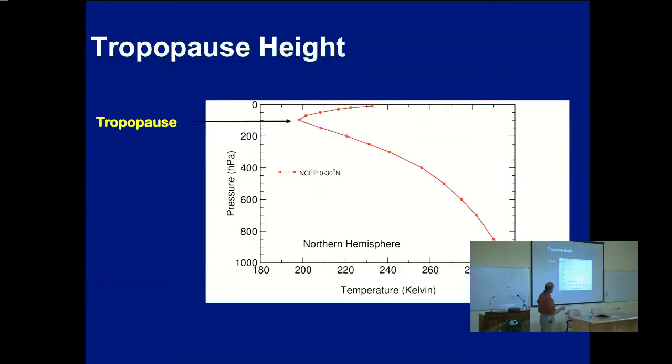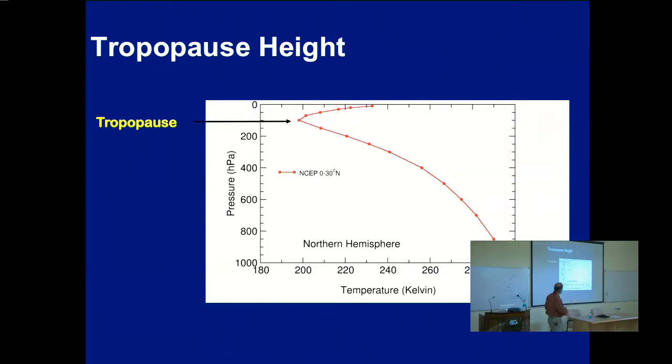So if you take actual data from the tropics, your temperature changes direction there. So I am going to designate this point where the temperature changes as my tropopause line.